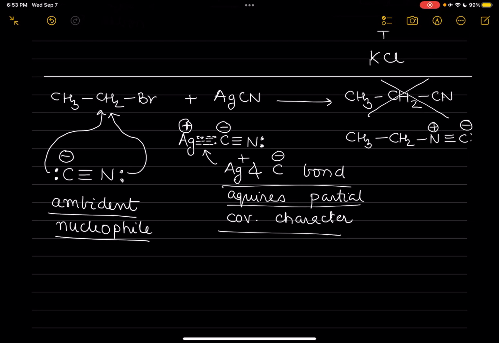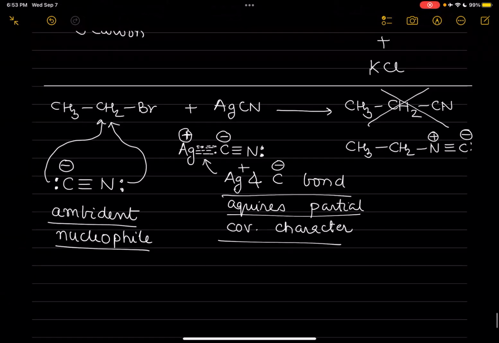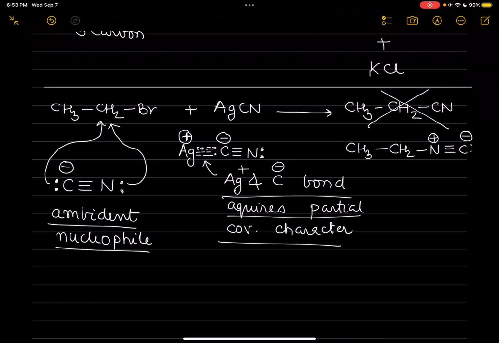So that's why I've written that it acquires a covalent bond character. Not a complete bond, but some, because silver has a tendency to pull the electrons of the carbon. So because of this association, Ryan, the carbon is not available to attack.